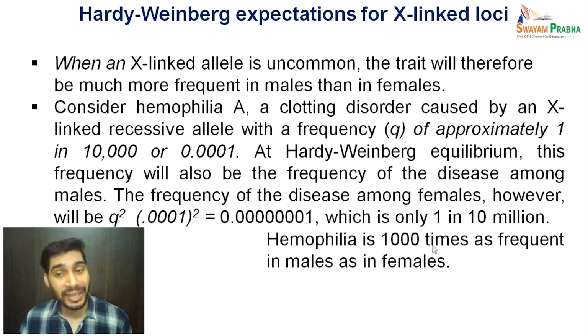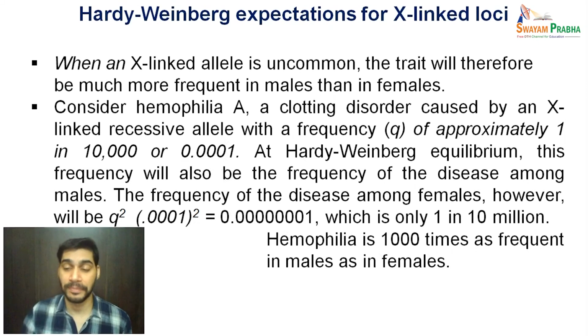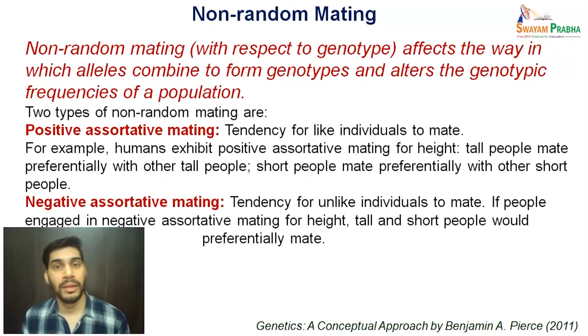So hemophilia is 1,000 times as frequent in males as in females, as you can see from the difference here, because in males the frequency is given by Q, so there is 0.0001, whereas in females the frequency is Q square, so the frequency is much less as compared to the males.